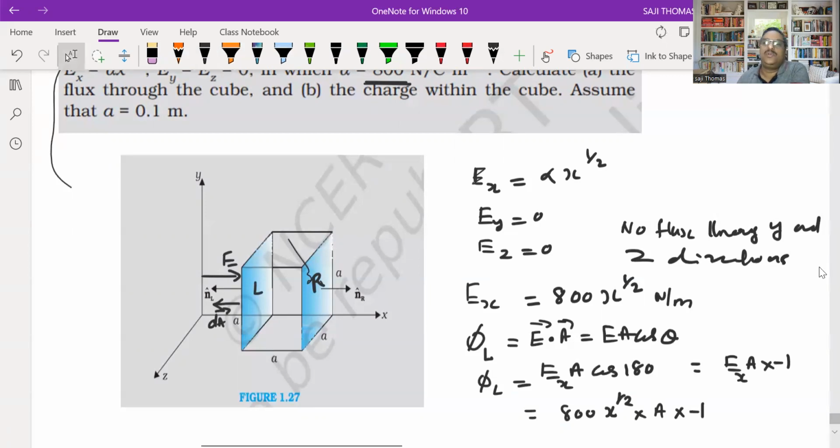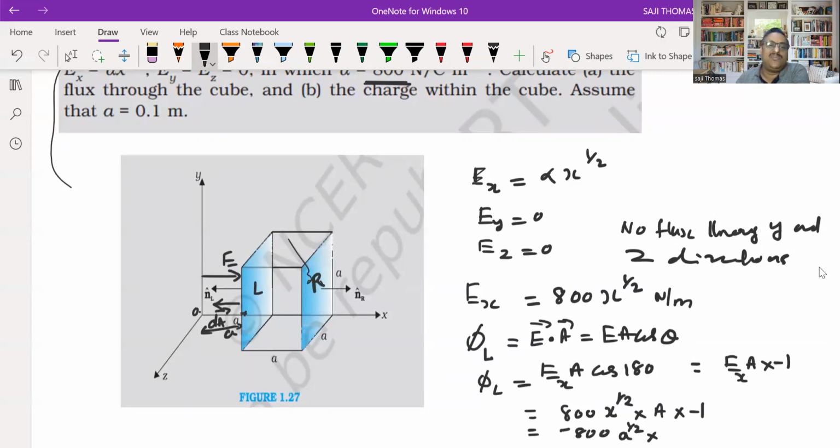Now, one more thing: what is the x coordinate of the left face? See this A in the diagram. The distance from the origin to the left face is A. So the x coordinate for the left face is A. So you can write minus 800 into A raised to 1 by 2 into area.